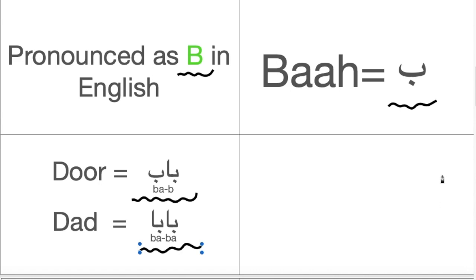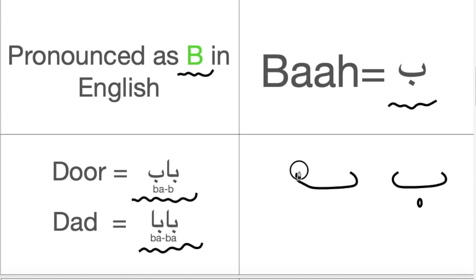How do we write B? Try to draw almost like your dinner plate. I'm trying to make a link here so it reminds everyone. And with a dot underneath it. Let's do it one more time.